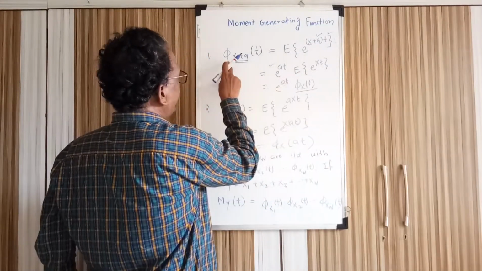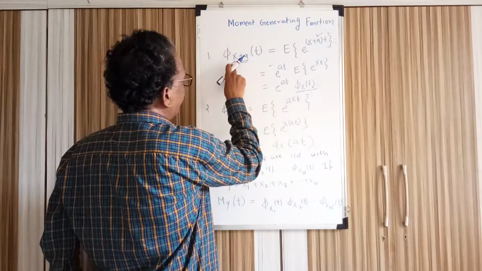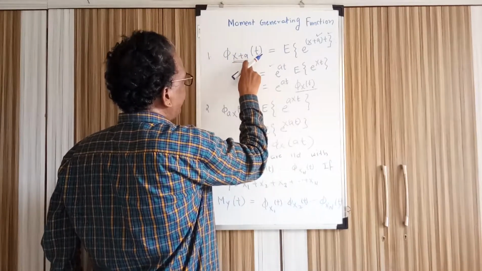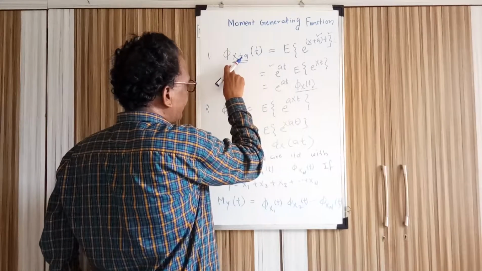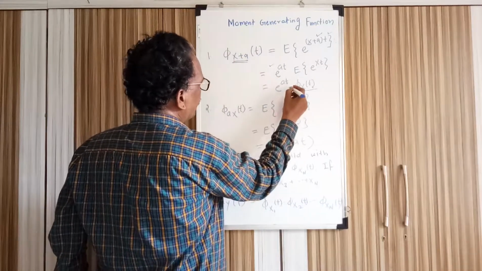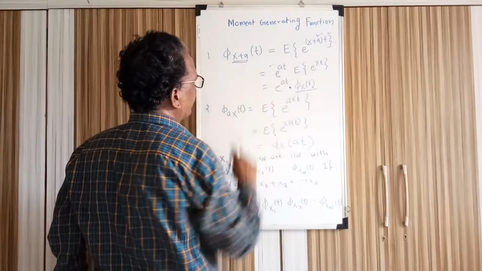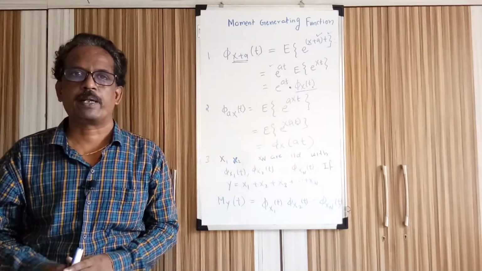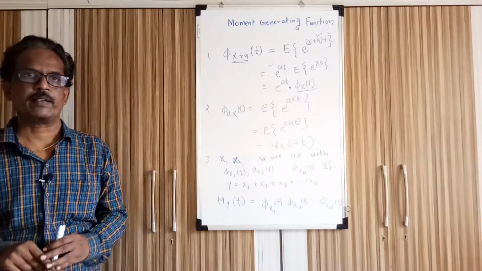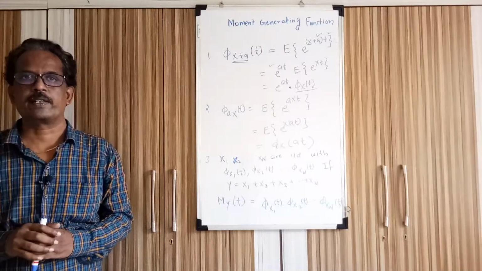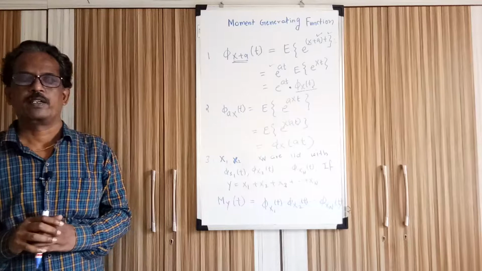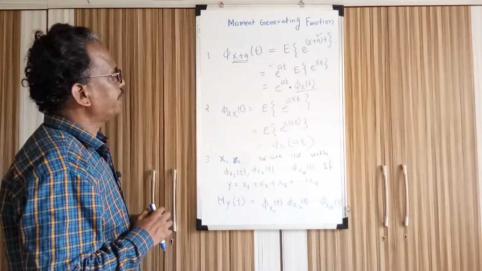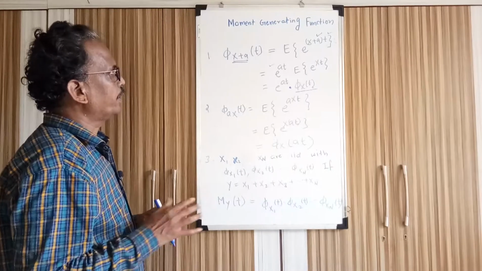So whenever I replace the random variable x by x plus a, that is, if I add a constant a to the random variable x, the earlier moment generating function gets multiplied by e to the power at, where a is a given constant and t is an arbitrary deterministic quantity.